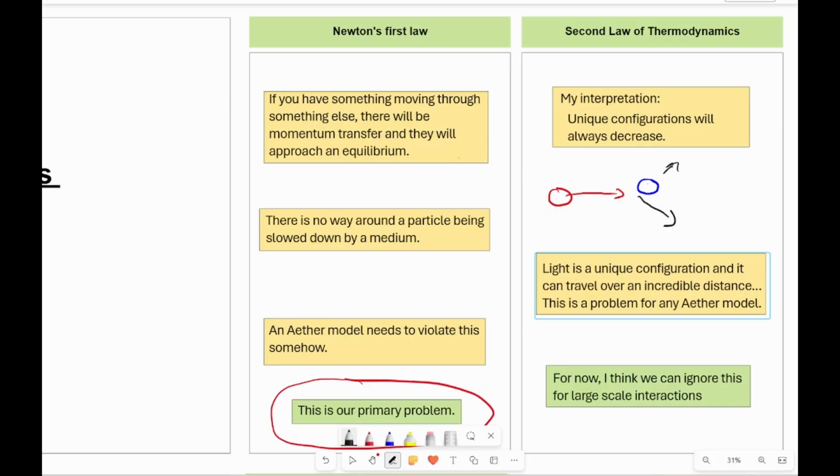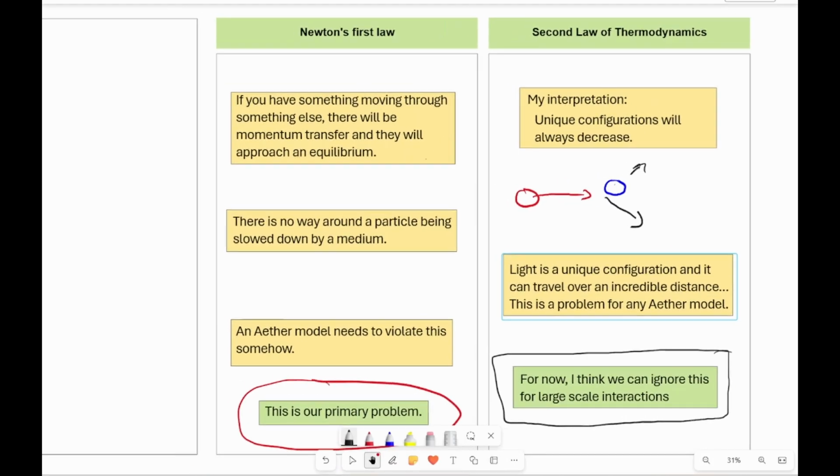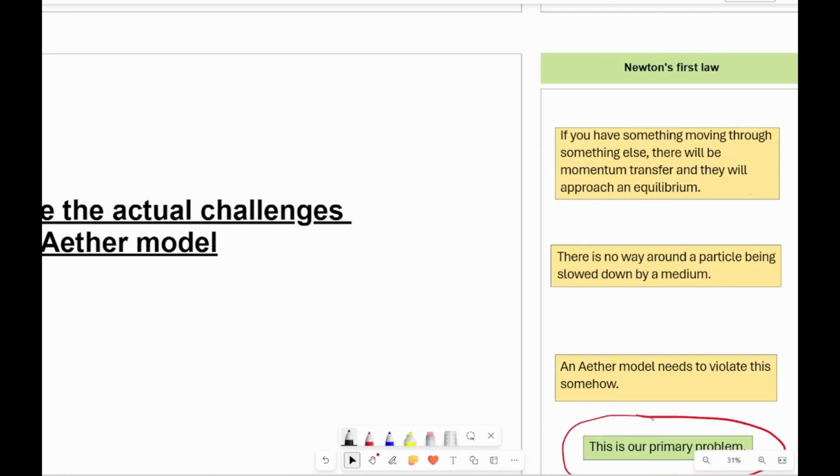So for now, I think we can ignore this one if we're just looking at gravity and larger bodies of motion. But this is really more important with quantum-like behavior for light. So we're going to mostly ignore it. I may come back to it later if we're looking at what an actual photon might be, but for now, that might be a while.